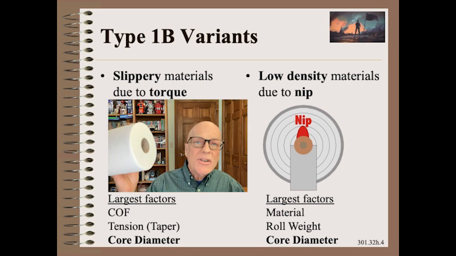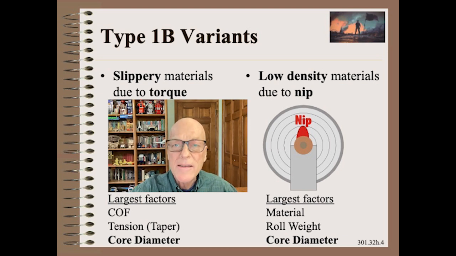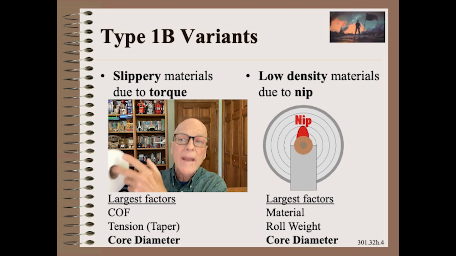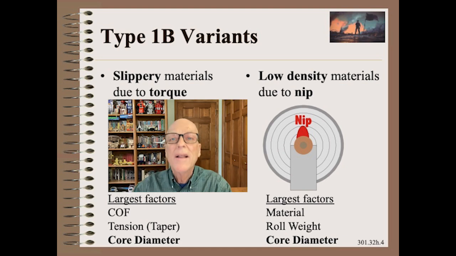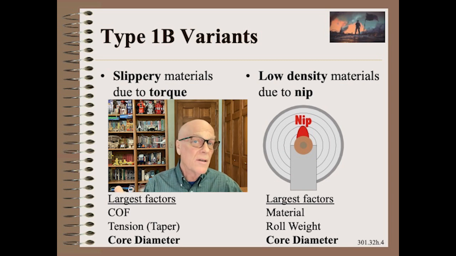However, tissue is a low-density material. The mechanics of telescoping are totally different because it's the nip of the roll weight over the core that causes the layers to shift. The factors are also different and include a complex set of material properties and roll weight.